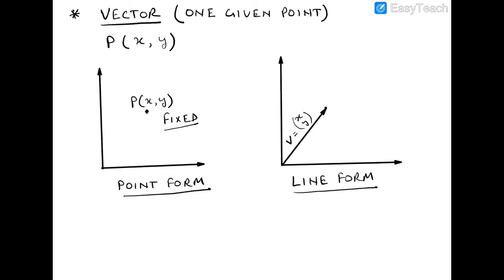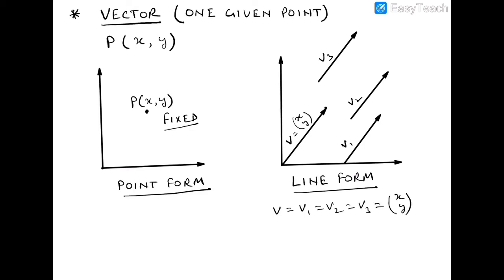Like here, v, v1, v2, v3 all are equal to (x, y) and they have the same magnitude and are in the same direction. So there is no fixed position in line form.